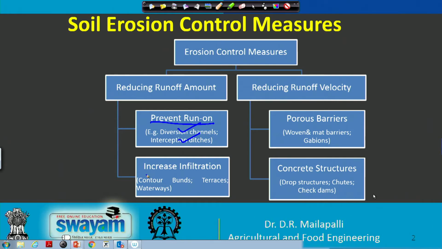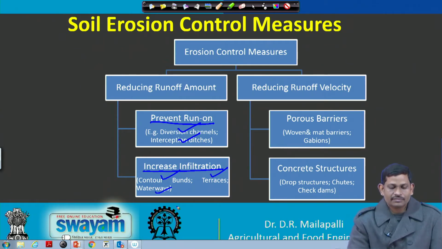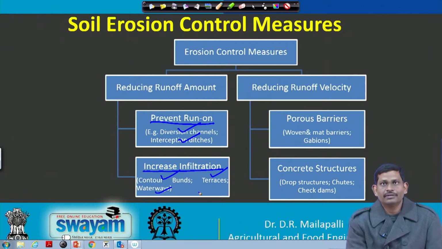The second one is increasing infiltration, through contour bunds, terraces and waterways. This will help us reduce the volume of runoff from the overland. Reducing runoff will definitely control the erosion or sediment flow.